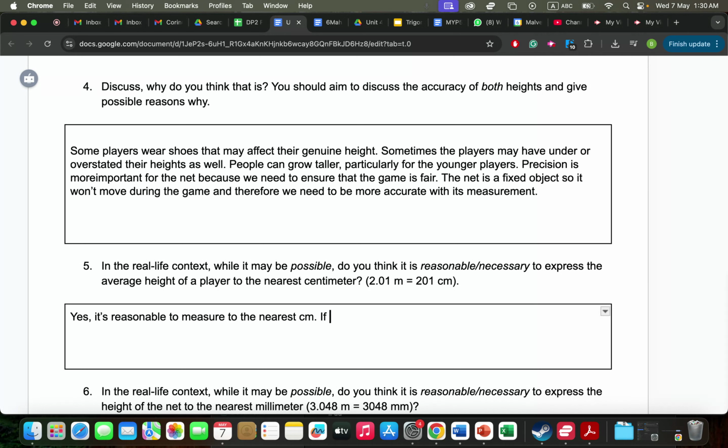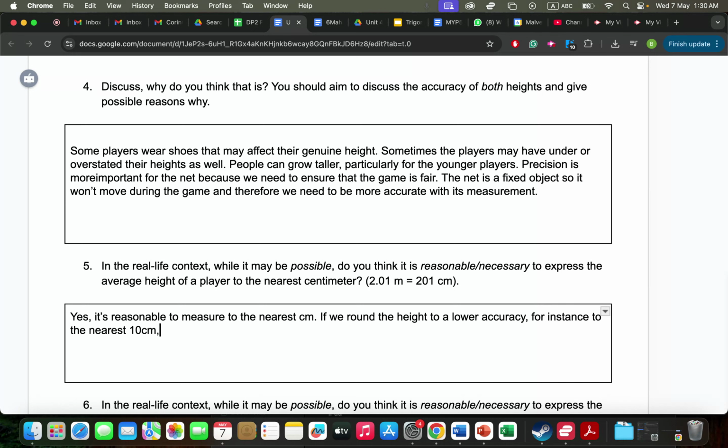All right, I think what would be a problem is if we round the height to a lower accuracy, for instance to the nearest 10 centimeter. Now then we've got a problem here that will impact the measured heights of the players.